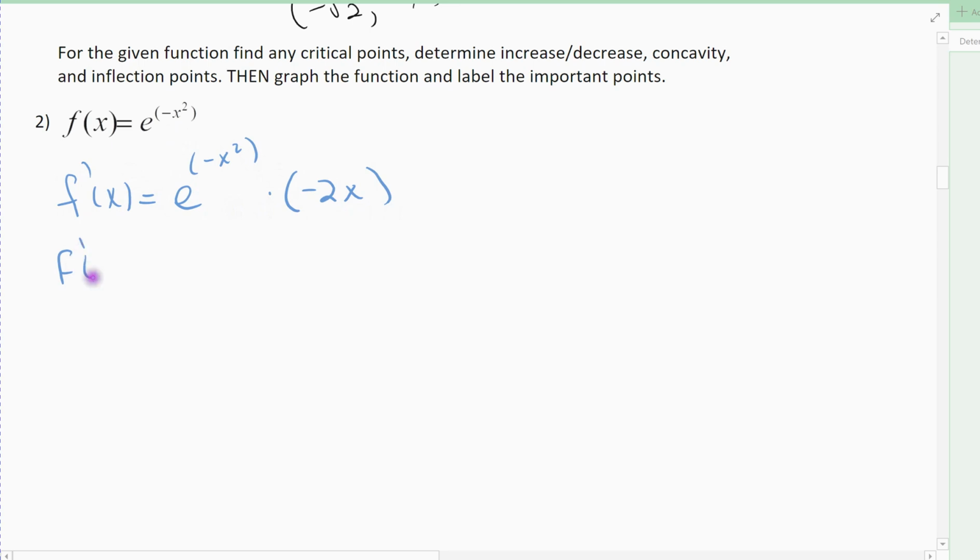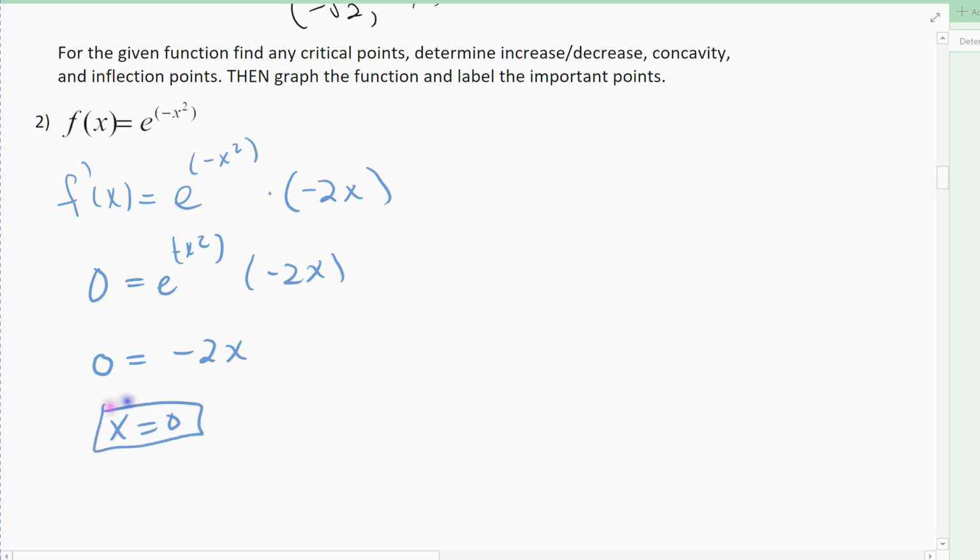Find the critical values by setting it equal to 0. Again, show the set-it-equal-to-0 step. Remember, the e part is never 0. So the only place I can get a 0 is the negative 2x, the polynomial part, which divided by negative 2 gives x equals 0. So there is my critical value. There's just one.